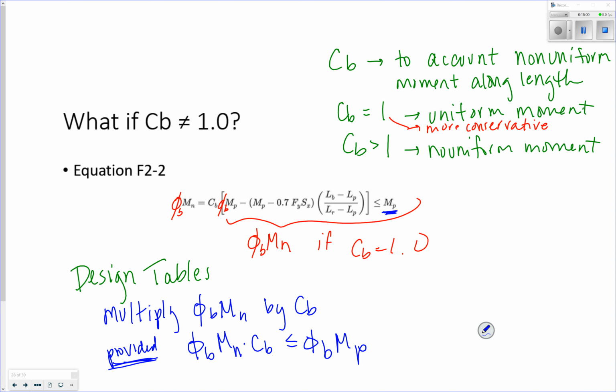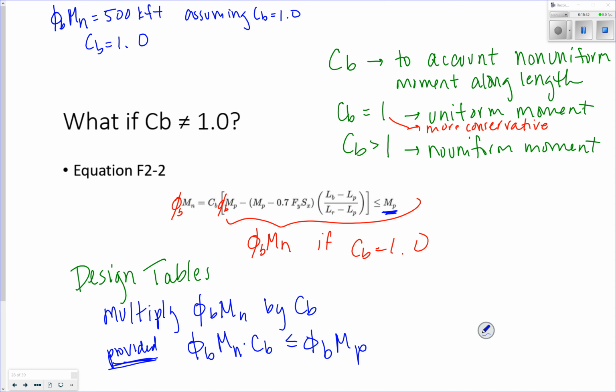But if my Cb factor is 1.1, and I have a 500 kip-foot capacity, assuming Cb is equal to 1, but let's say Cb is equal to 1.1.